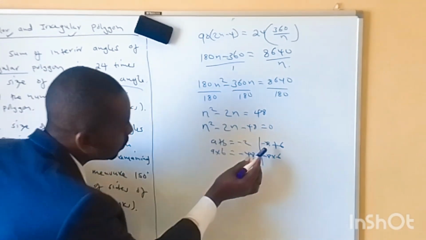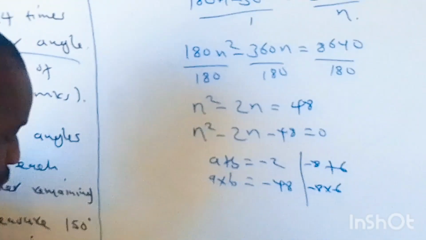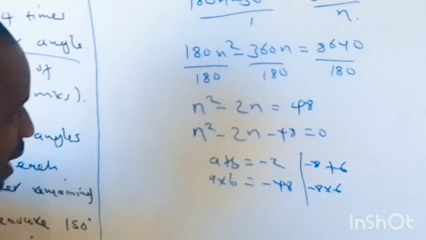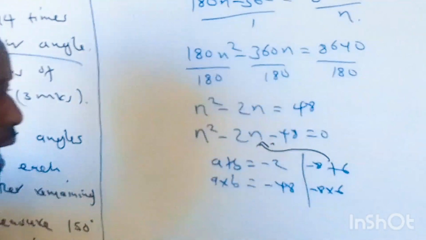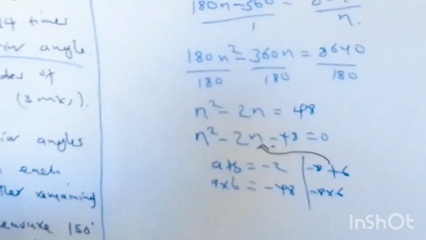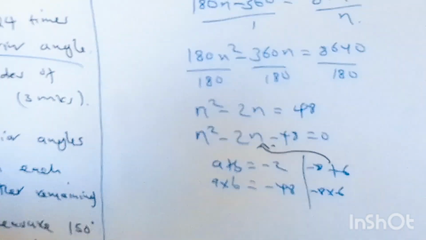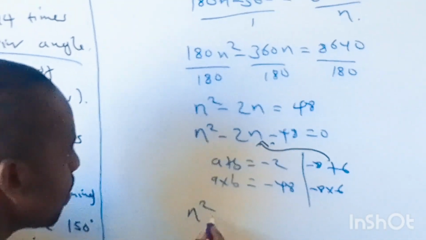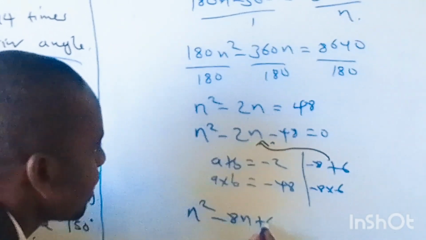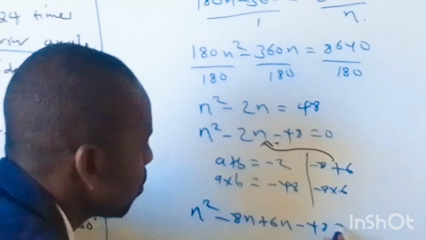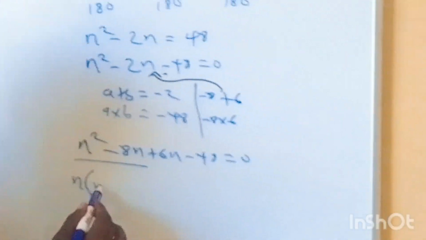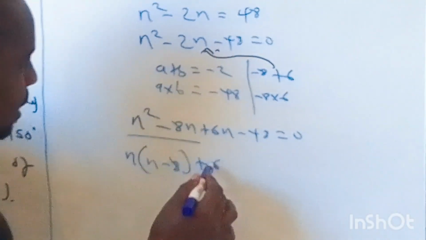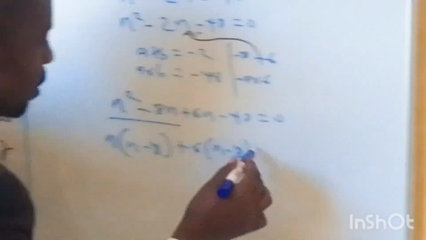So we use these numbers to replace the middle term there. So what do we have? n squared minus 8n plus 6n minus 48 is equal to 0. Can we now factorize this? n into n plus 6, minus 8 into n plus 6, is equal to 0.